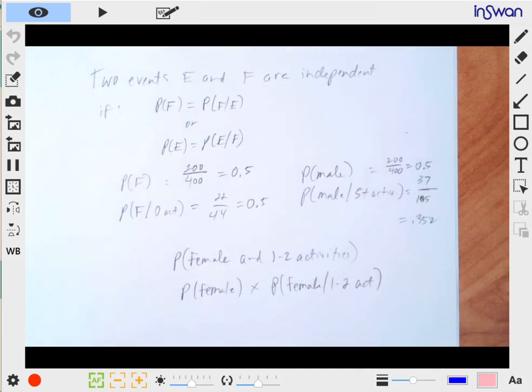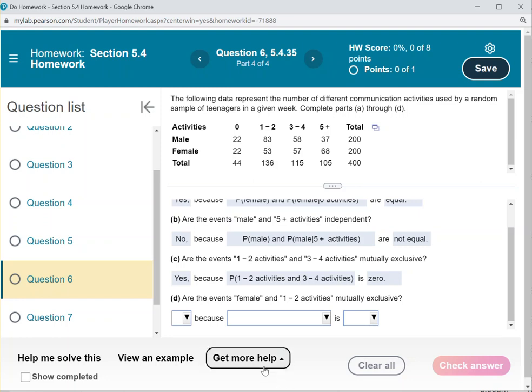So let me go back. The probability of being female is 200 out of 400. Times the probability of doing 1 to 2 activities.